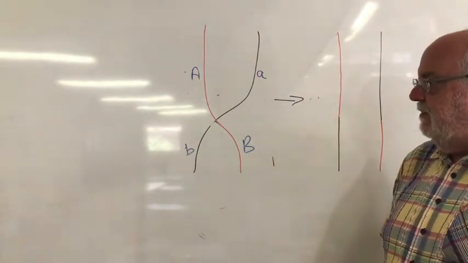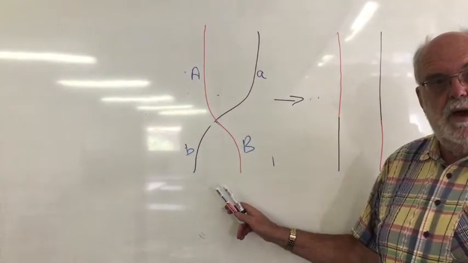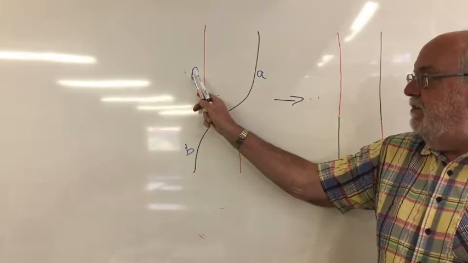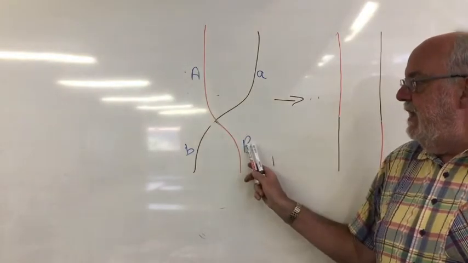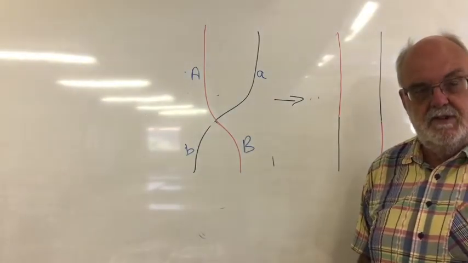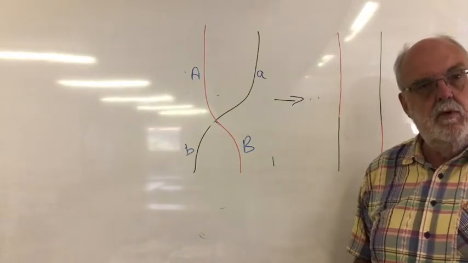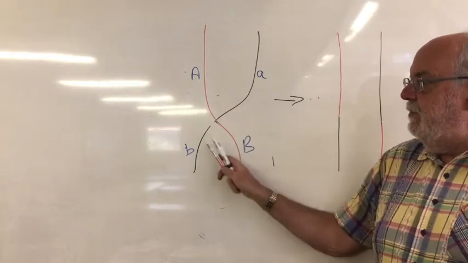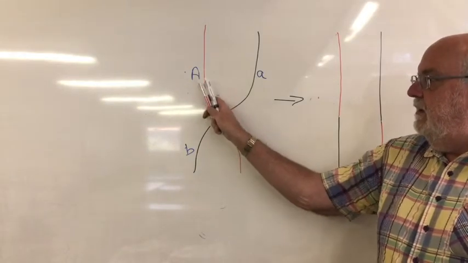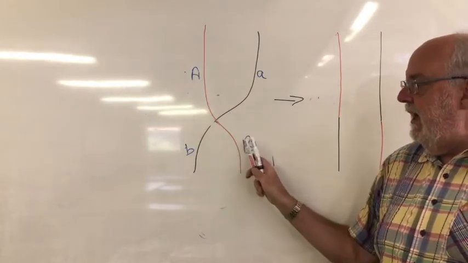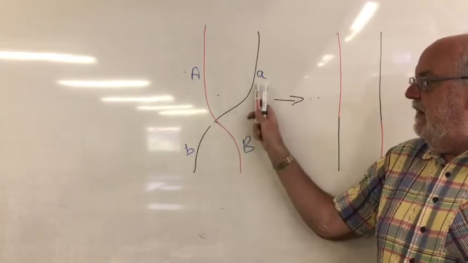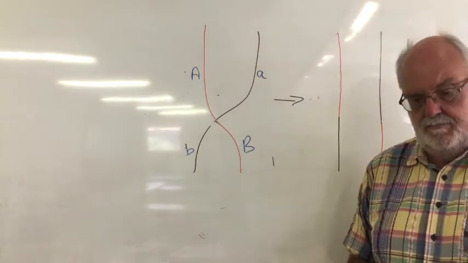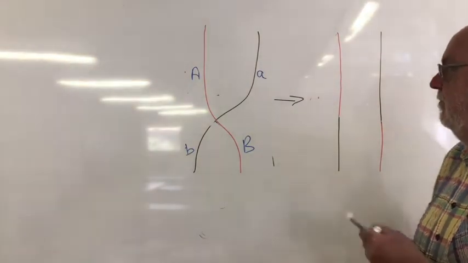Before crossing over, the genes are linked. A is linked to B because it appears on the same chromosome. So the chances are that they will stay linked. If, however, crossing over happens between the two, which is done here, the crossover point is between allele A and allele B, that unlinks those alleles.